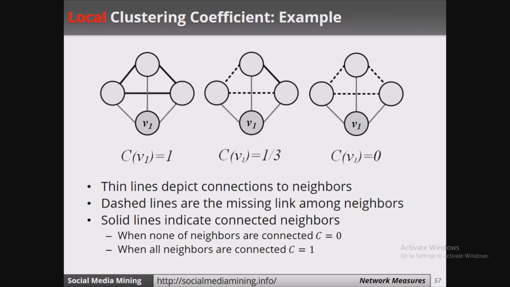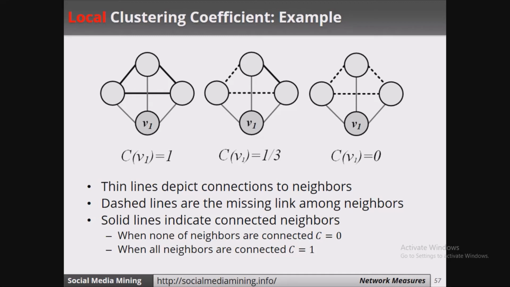So its denominator will be 3 times 2 divided by 2, which gives us 3. In the numerator, how many pairs of neighbors are connected? 3. So 3 divided by 3 gives us 1.